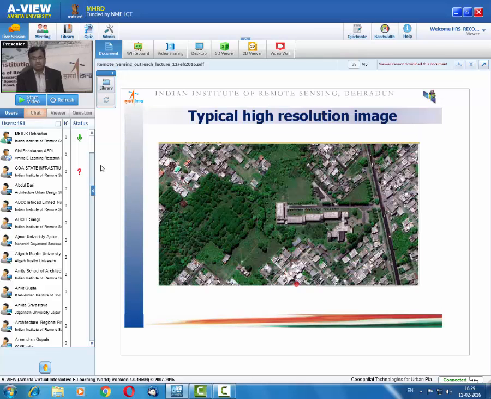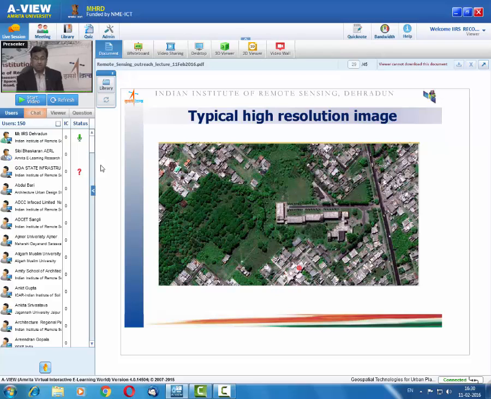Now this is a typical high resolution image of an urban area. This is a multispectral image, and also a natural color composite which has been generated through a computer digital image processing based algorithm.